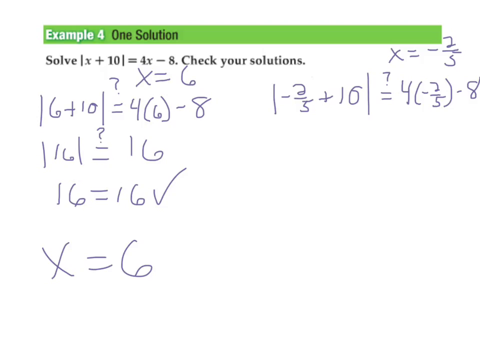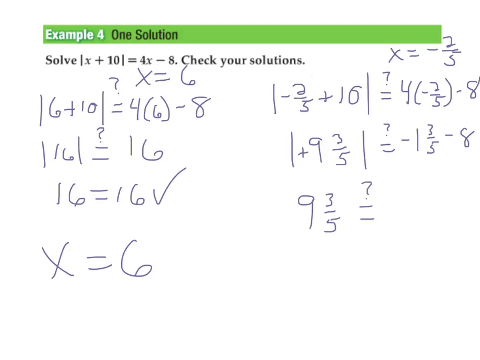Negative 2/5 plus 10 is 9 3/5. Is that equal to 4 times negative 2/5, which is negative 1 3/5 minus 8? When we do this math here, we can use the absolute value bars, and since this is a positive value right here, we don't make any changes. 9 3/5.